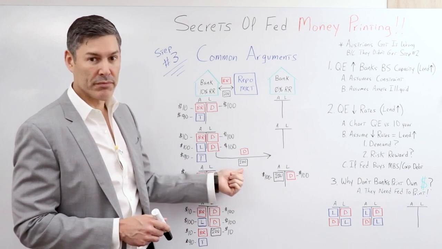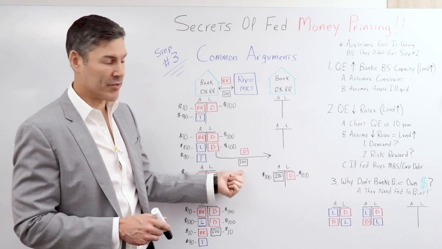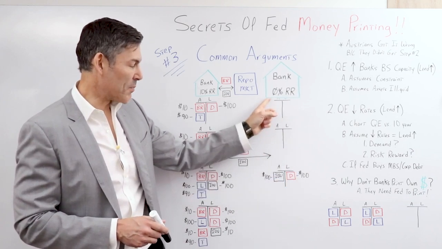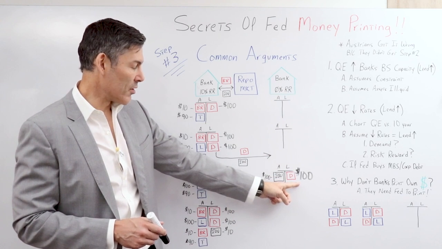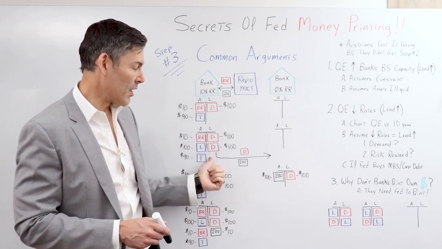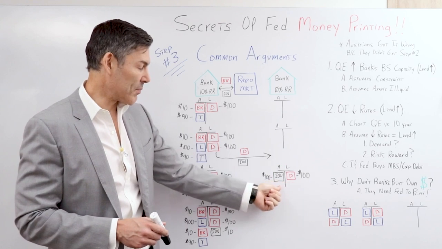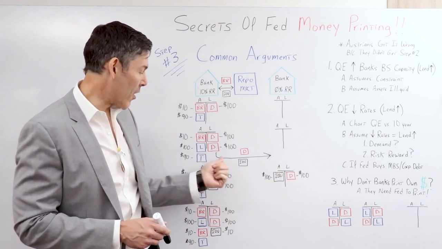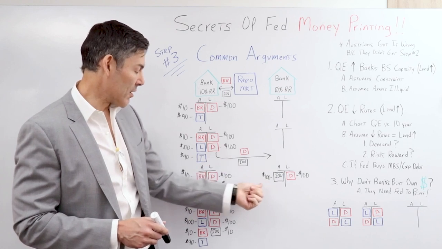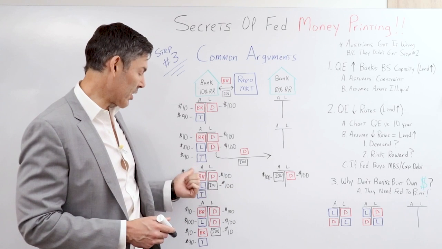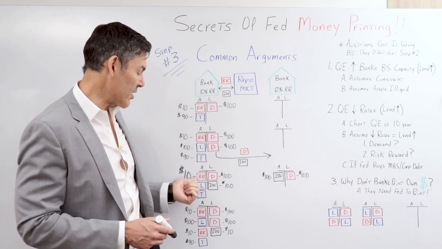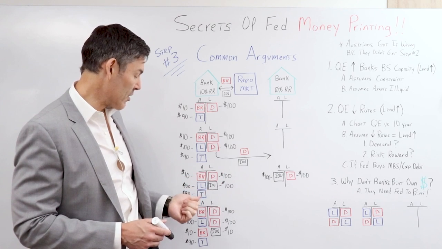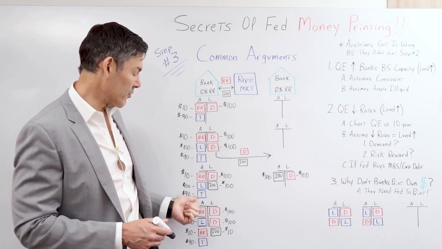The deposits are now a liability of this bank, the $100 worth of deposits created by this new loan. And the asset that would match up that deposit would be an IOU for $100 from this bank to this bank. So the balance sheet would end up looking like this. We'd have the original $10 worth of bank reserves and $100 worth of deposits. We'd have that $90 Treasury.